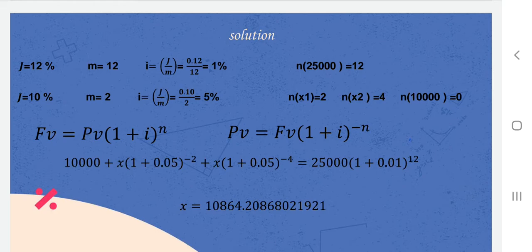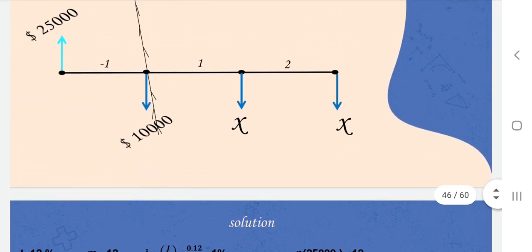This is for the old obligations, and for the new obligations J equal 10%, M equal 2, I equal 10% as a nominal rate over 2, the number of times of adding interest for 1 year, so I equal 10% over 2 equal 5%.